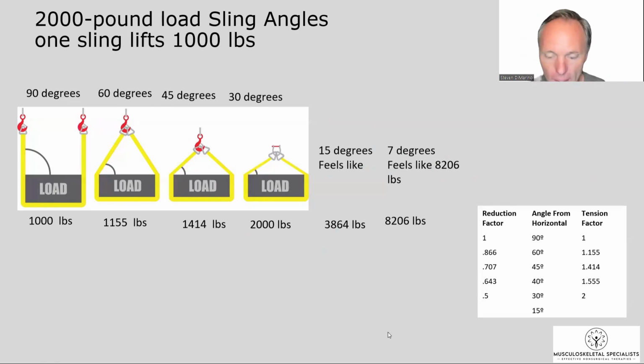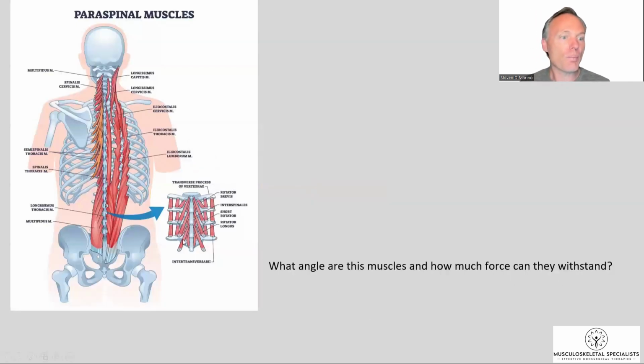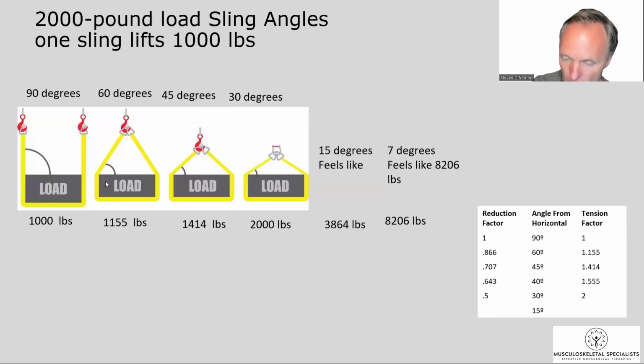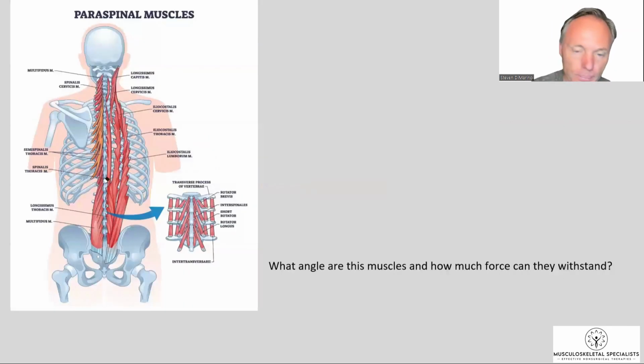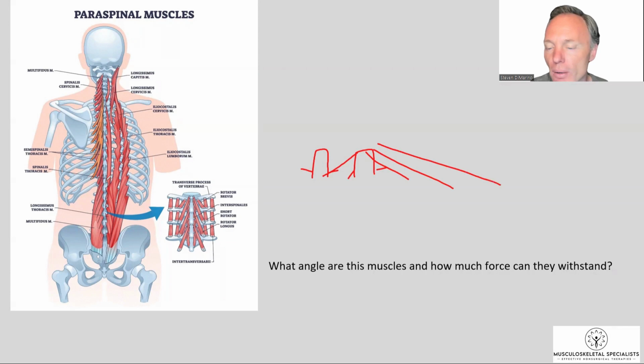let's have a look at your erector spinae. So what is the angle of your erector spinae, and are they holding up your back? Because you've got vertebrae 1 and vertebrae 2, and then you've got these transverse processes sticking out, and the angle of these is pretty darn steep as they go down.